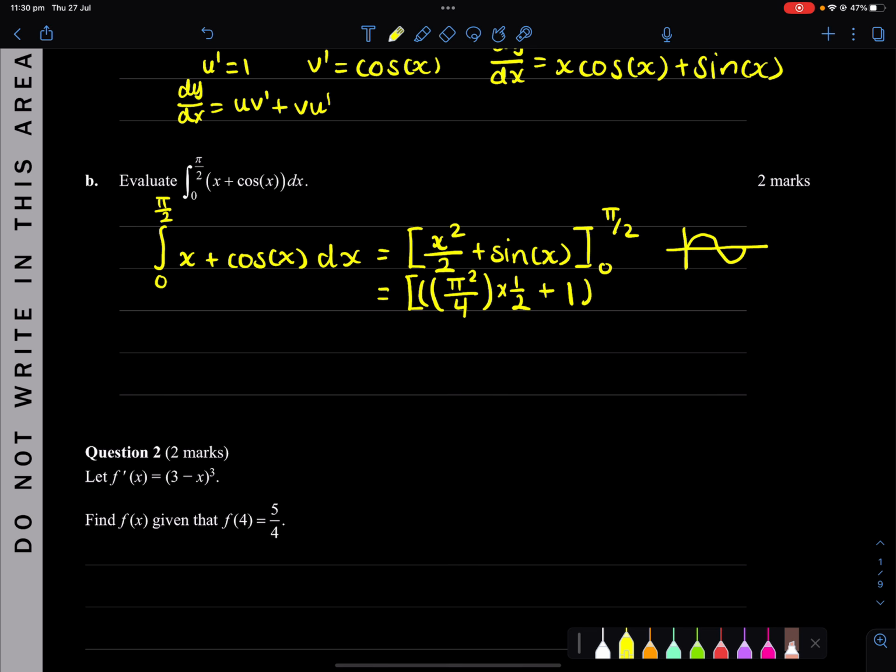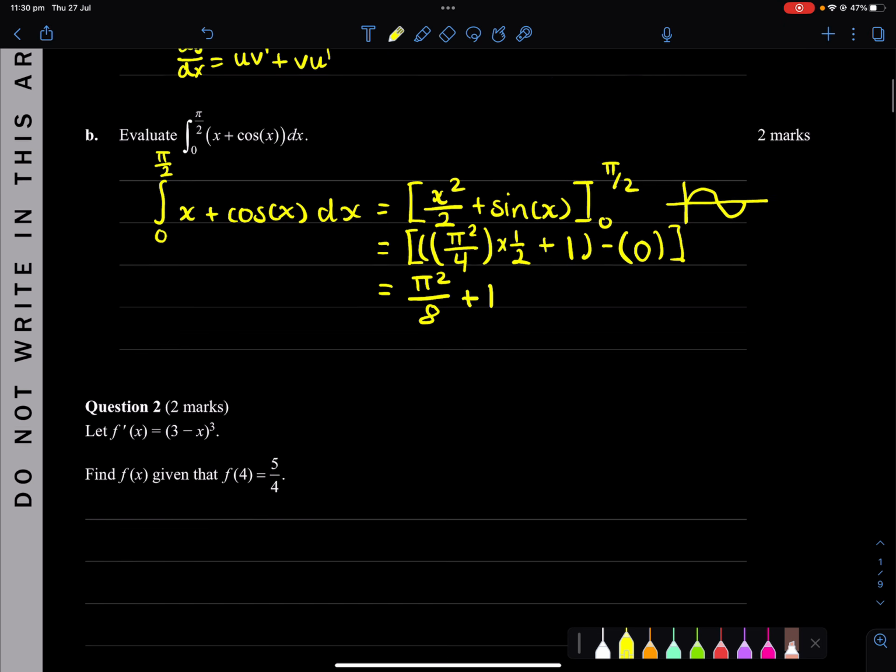Then I'm going to subtract 0, and when x is 0, sine is 0, so we can close that. So that will be pi squared over 8 plus 1. Pi squared over 8, yep, looks right.